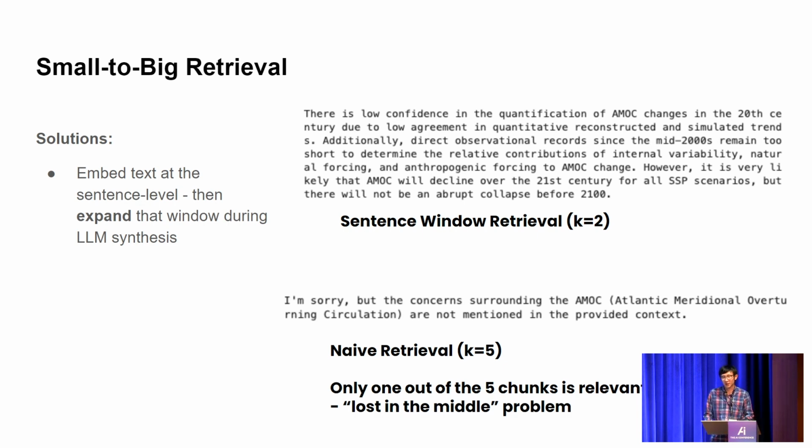Once you widen the top k, the relevant context is in the top 5, but it's somewhere in the middle, and you have 4 other chunks that are completely irrelevant to your question. So with naive retrieval, you have to widen the top k, which leads to a bunch of filler context, which leads to bad performance for your LLM. It can't synthesize the answer, even though the context is found somewhere in the prompt.